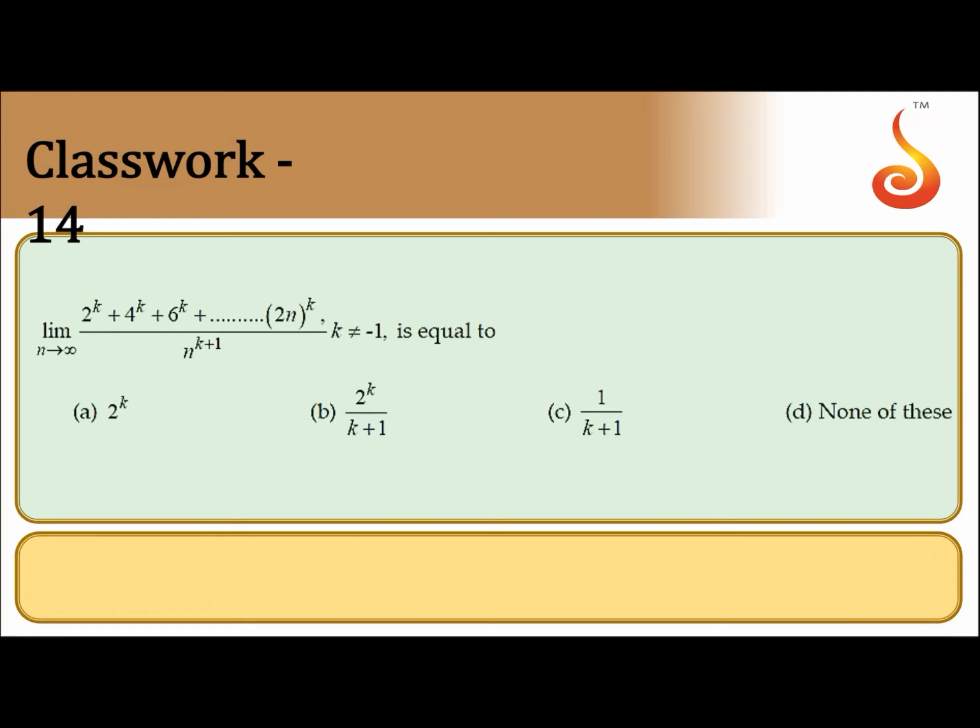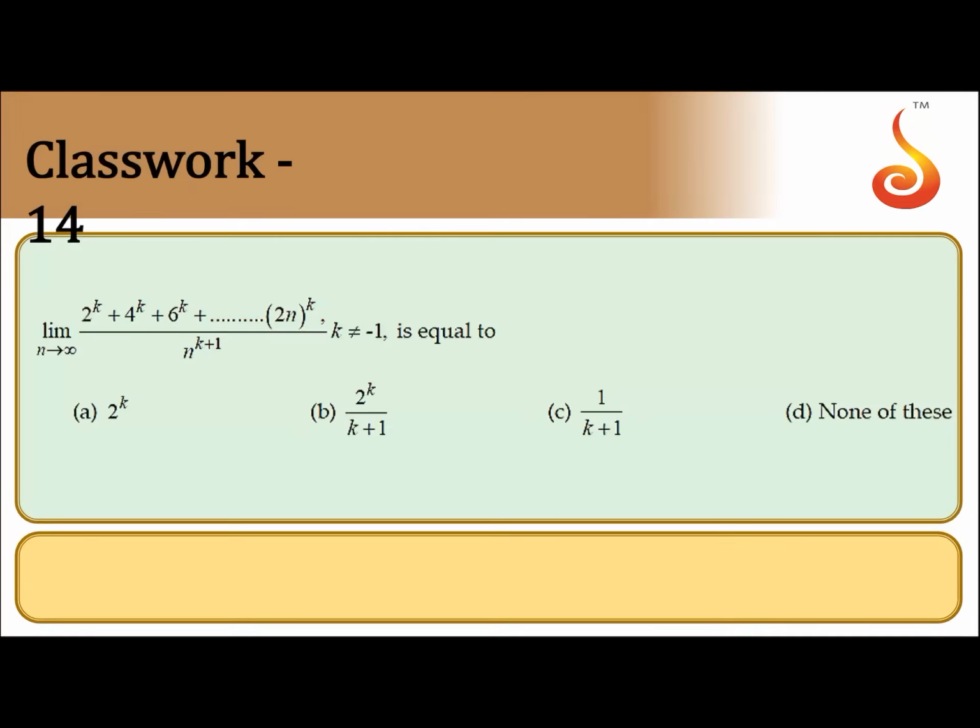Coming to the next one. There is also a simple formula for this. You remember this one: limit n tends to infinity of sigma n to the power of k divided by n to the power of k plus 1. The answer for this one is 1 by k plus 1. Remember it this way, it is very easy to simplify the problem.